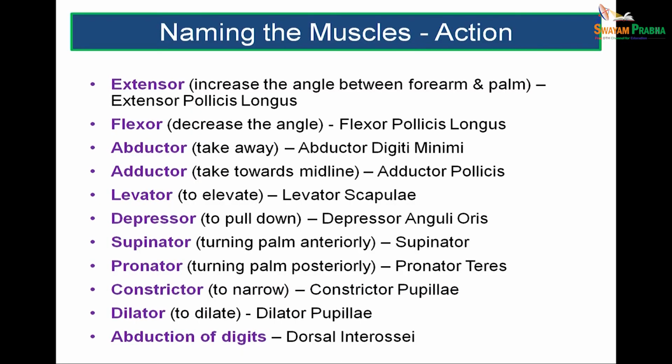The last feature that is used for naming muscles is the action produced by the respective muscle. For example, the extensor, which increases the angle between forearm and palm, extensor pollicis longus, or it could be a flexor, flexor pollicis longus, abductor or adductor, either taking away or towards the midline, levator or depressor, to elevate or pull down, like levator scapulae or depressor anguli oris, a supinator turning the palm anteriorly, or a pronator turning the palm posteriorly.